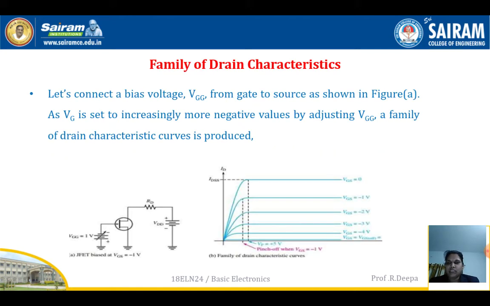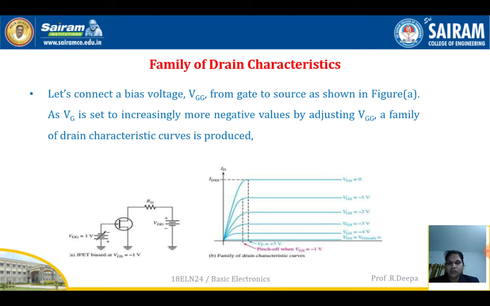So we have a JFET which is reverse biased with a DC voltage VGS, and the drain is provided with a voltage source VDD through the series resistor RD, which acts as a current limiting resistor.